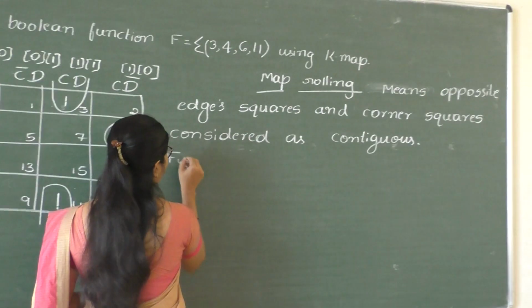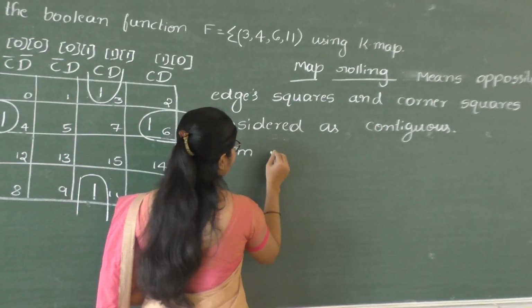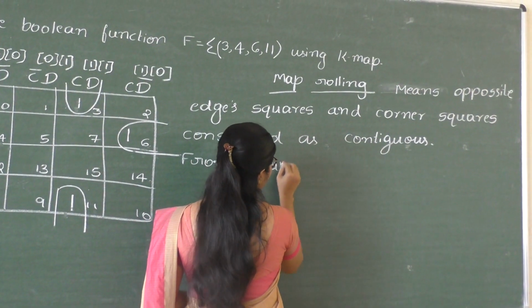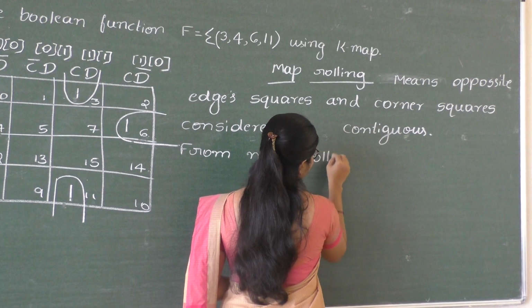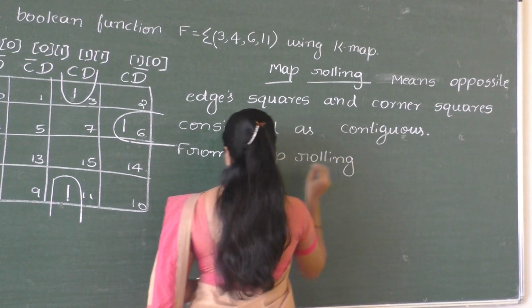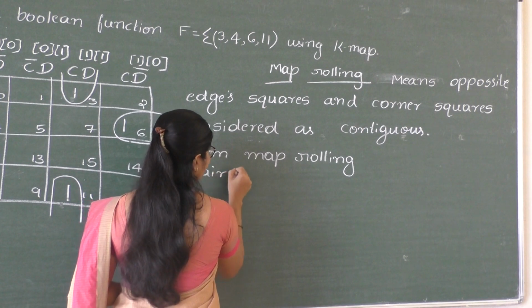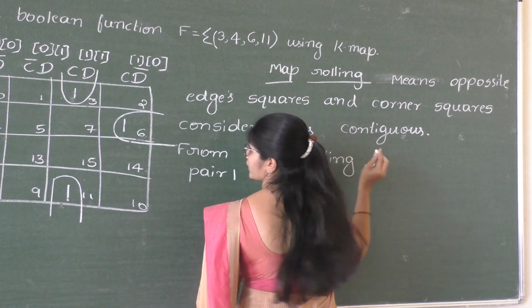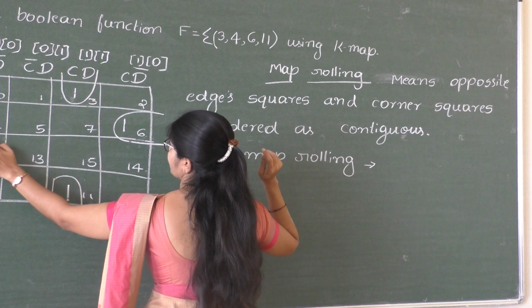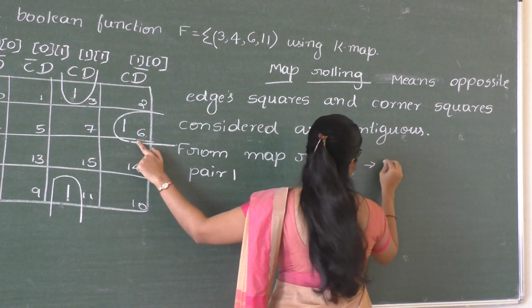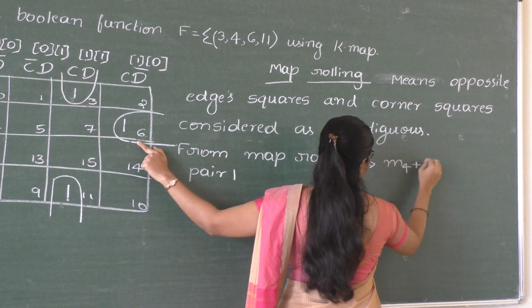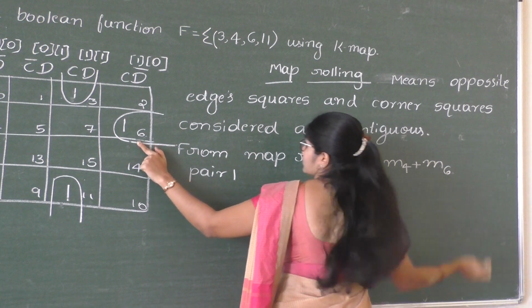From map rolling pair 1, write the square numbers m4 plus m6.